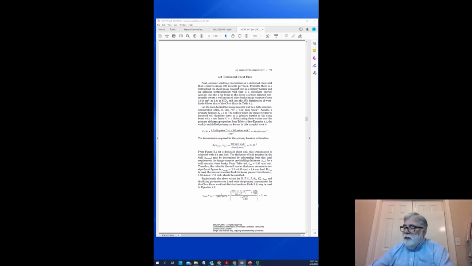Occupancy factor, well, it's an office, so that's 1. If it was a storage room, however, I think I should mention that when you're designing these, don't consider only how they're using the room right now. It may be a little bit cheaper, but later on they may turn that storage room into an office, and then you won't have adequate shielding to protect the person.